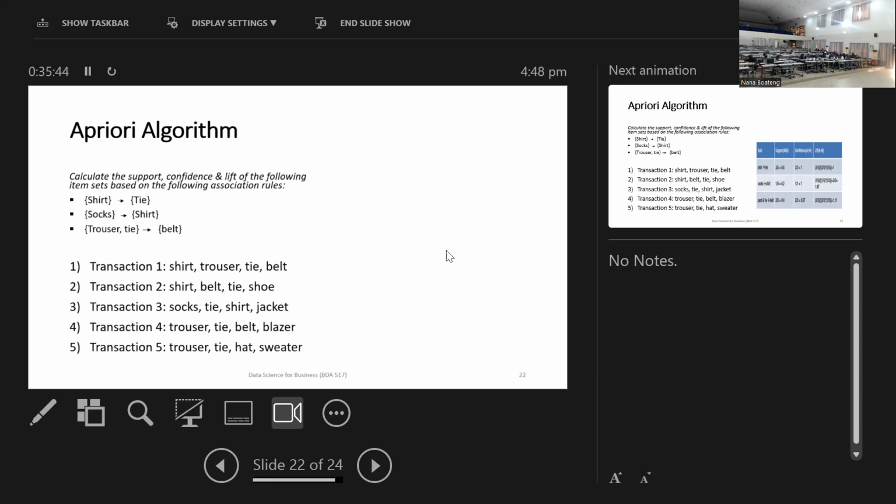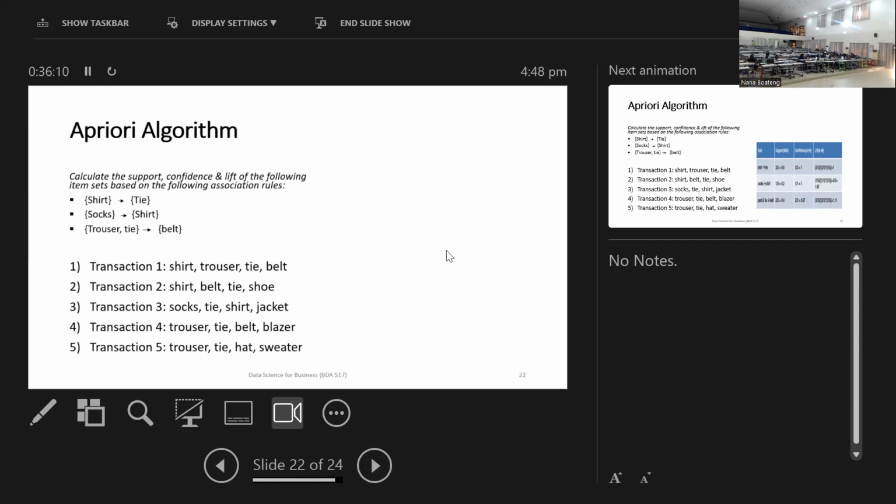Is it true? What is the support? 0.4. Okay, is it true?